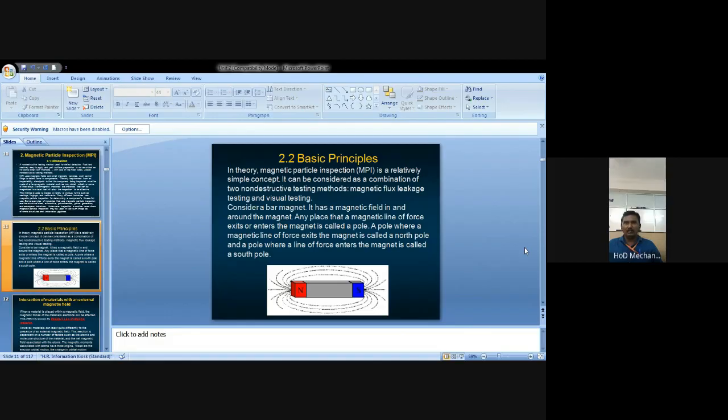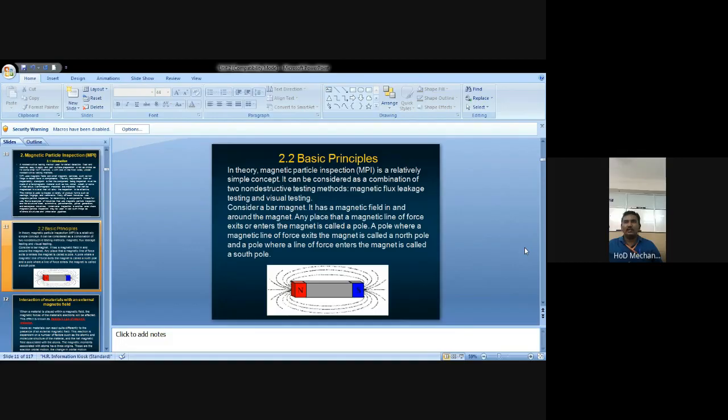It has a magnetic field in and around the magnet. We can't see the magnetic field of the bar magnet, but it is available in the surroundings of the magnetic bar.